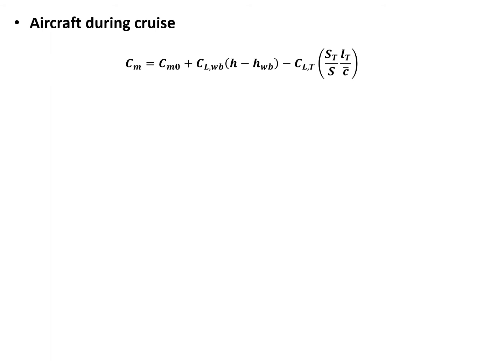Now let's focus on the last term on the right hand side. In the bracket, we have ST divided by S times LT divided by C bar. As usual, we can define this as the tail volume coefficient and replace it by VT bar. Now let's analyze the CLT, the lift coefficient at the elevator tail.